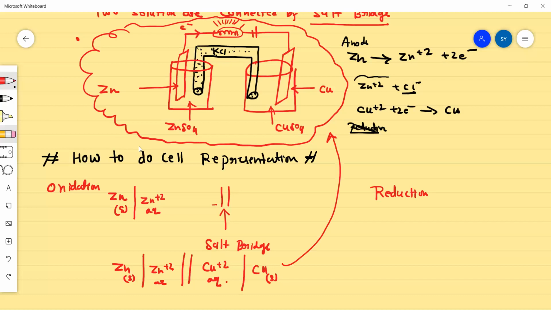What is important here is that whenever you write the physical states, the two phases, that is the states of matter, are separated by a single vertical line, and the salt bridge is represented by the double vertical line. The right-hand side is reduction, and the left-hand side is oxidation.